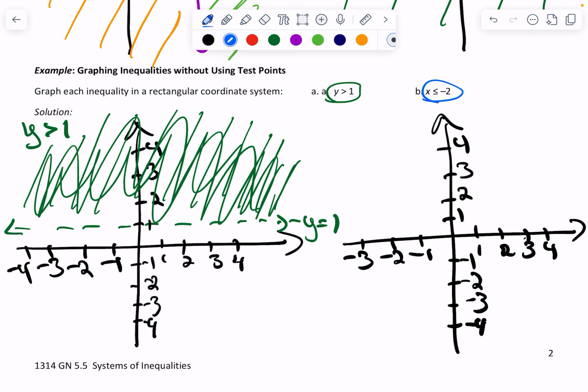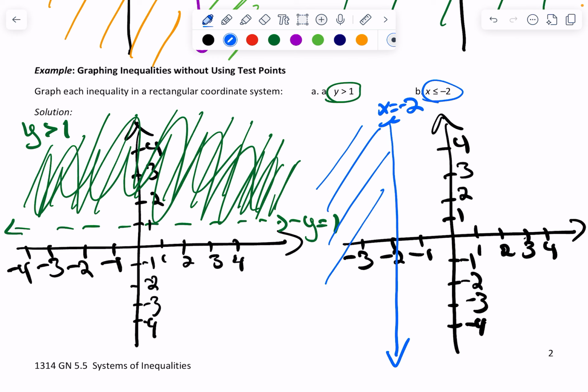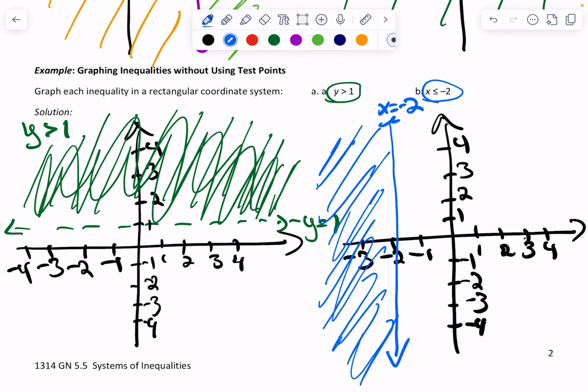So it's equal to, that means that we're going to have a straight line going through x equals negative 2. And then it's less than, so we're shading this side right here to the left because that's where the smaller numbers are.